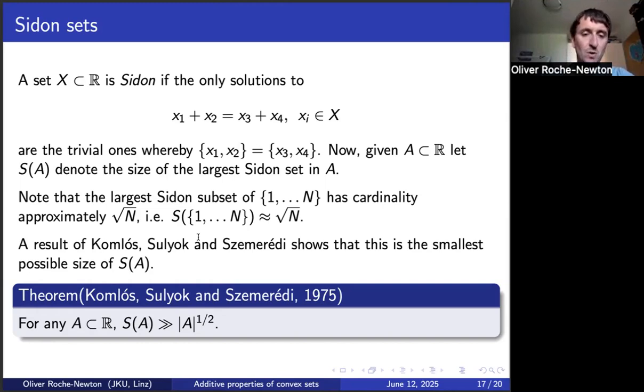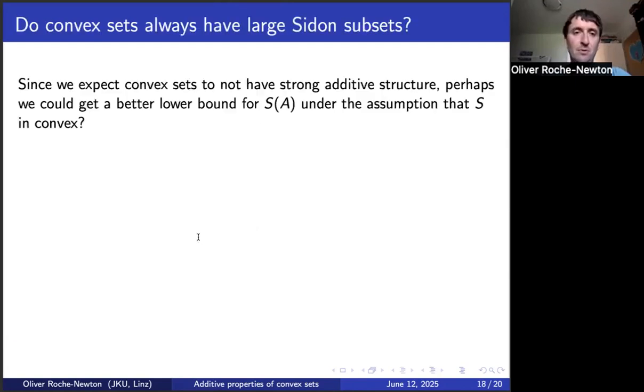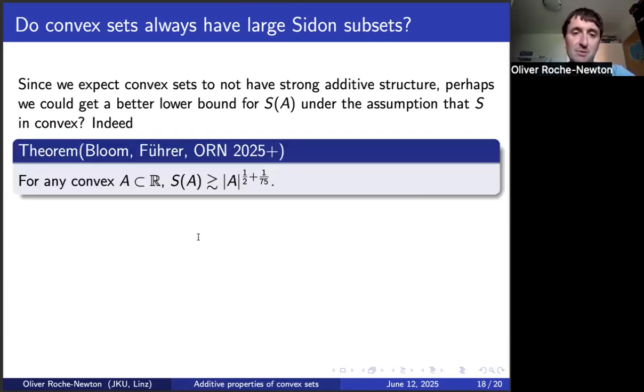So you can always get root A, but the question again is, can you do better with this convexity assumption? We think that convex sets aren't too structured, so maybe we could do better than the Komlós-Sulyok-Szemerédi theorem with this assumption. And yes, one of the things we say in this paper is that we can do a bit better.